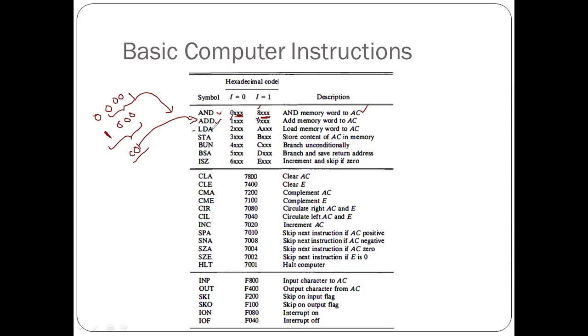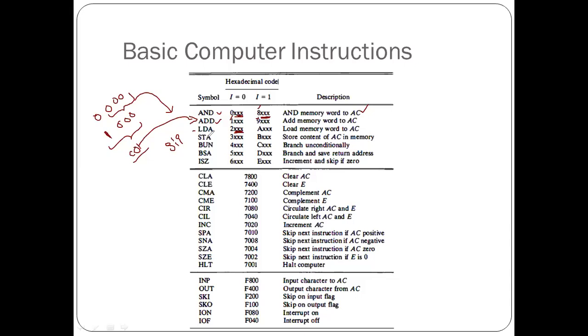Load accumulator means whatever data item is available in this memory address, we are loading onto the accumulator. Transfer from memory to accumulator. Similarly, store accumulator. For load accumulator, you have dedicated 0, 1, 0. For store accumulator, it is 3. So 0, 1, 1 is the opcode for store accumulator.